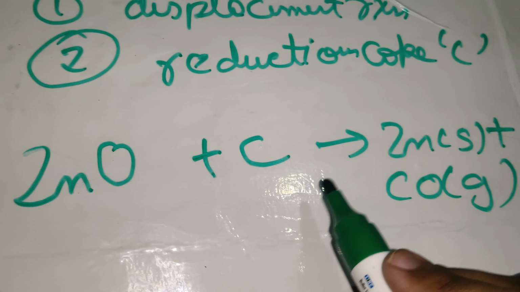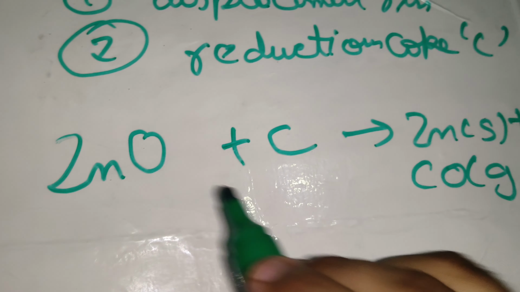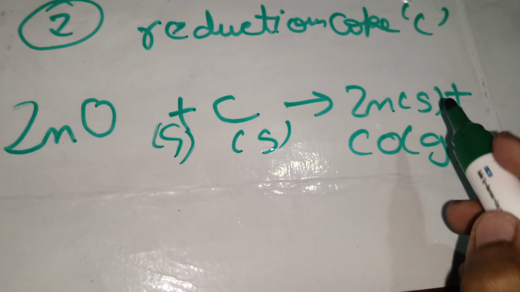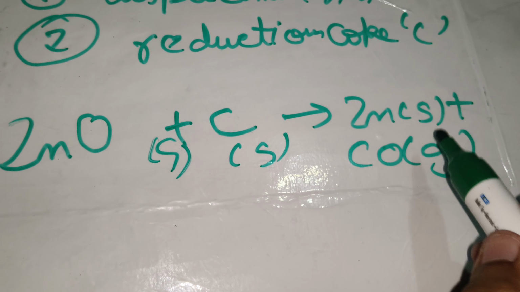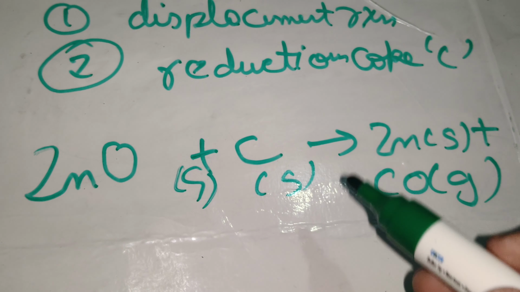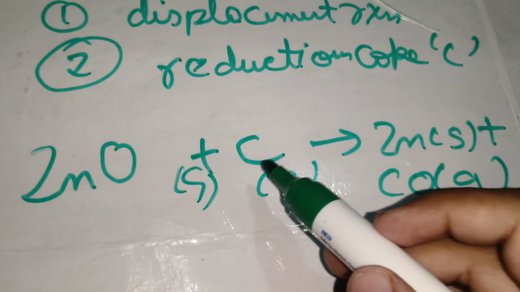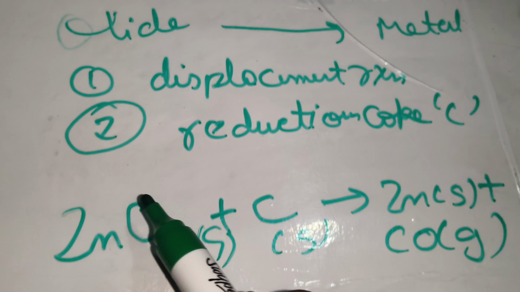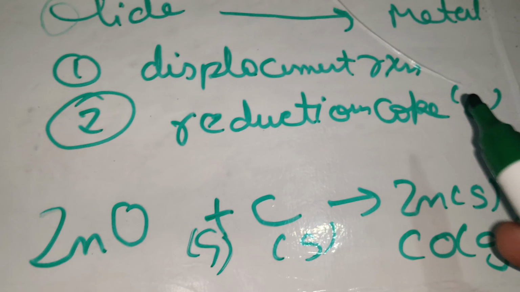So balance the reaction: carbon is 1, oxygen is 1, and zinc is solid. So the gaseous carbon monoxide is released and zinc solid is formed. In this process we use a reducing agent, carbon, to reduce the zinc oxide to zinc metal. This is how we get the oxide converted into metal.